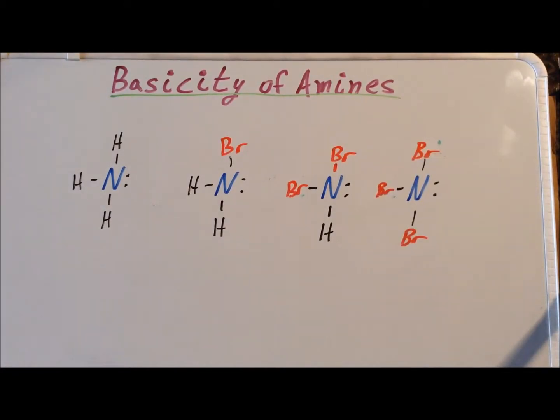What about the next halogen, bromine? So we can again perform our thought experiment and replace hydrogen sequentially by the halogen bromine. So the first compound here is bromoamine, then we have dibromoamine, and then lastly we have nitrogen tribromide. Please see the following figures for computed structures for these three compounds.